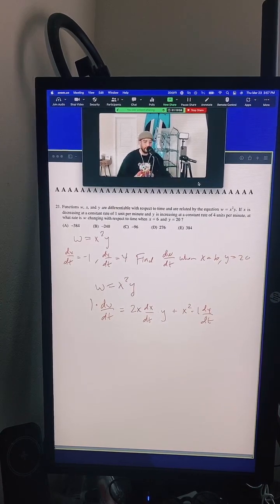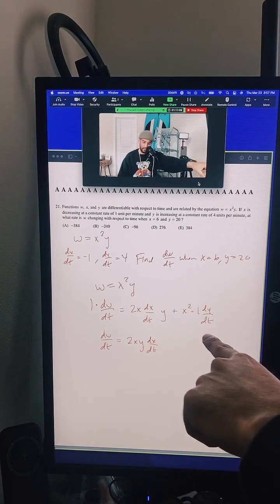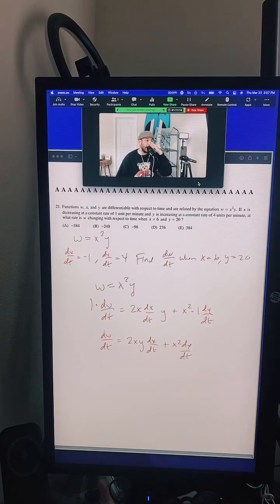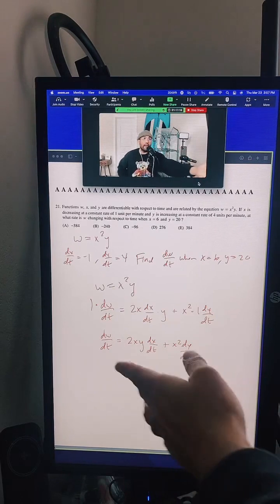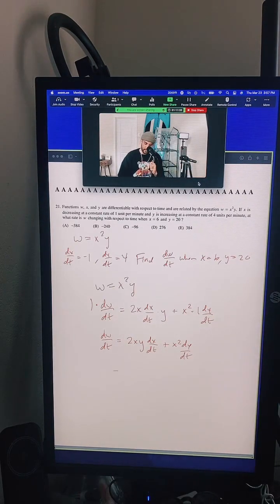Let me simplify this without the ones there. So we have dw/dt equals 2xy dx/dt. I just rearranged this first term. And then this one over here plus x squared dy/dt. And now we're supposed to find dw/dt given x, y, dx/dt, and dy/dt. So we're going to do 2 times 6, because that's the x value, times 20 times -1.